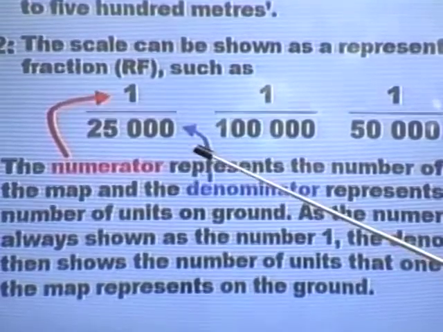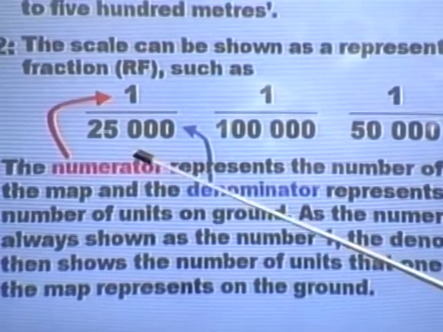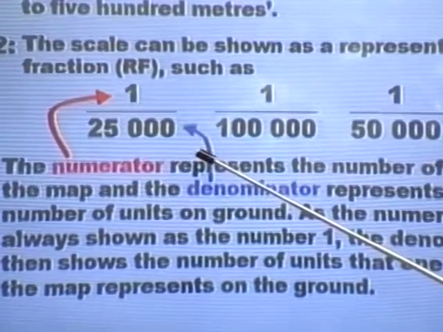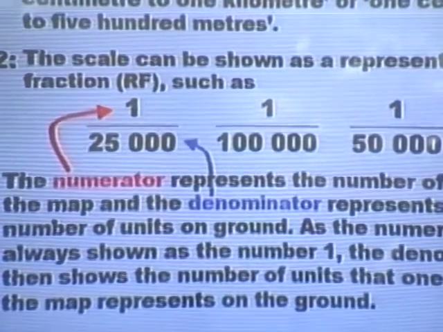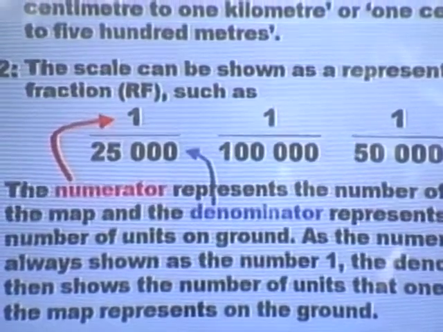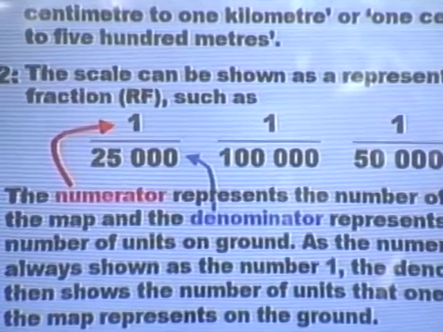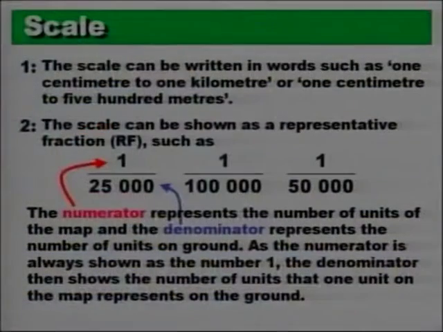So if it is 1 over 25,000 and we wanted to use the unit centimeters, because centimeters would be a more appropriate measurement to use on our maps or atlases. Imagine if we said 1 meter, then those atlases would be very big. So a centimeter would be the most appropriate measurement for the maps that we would be using.